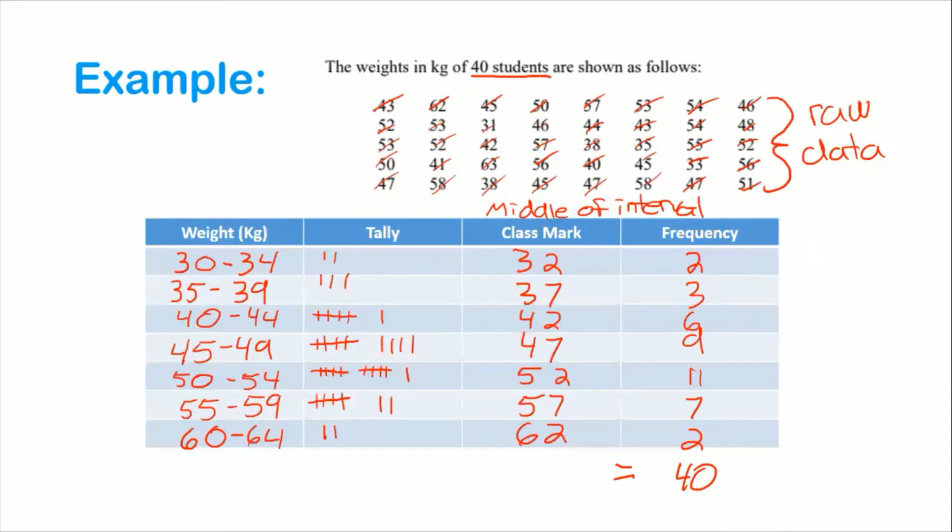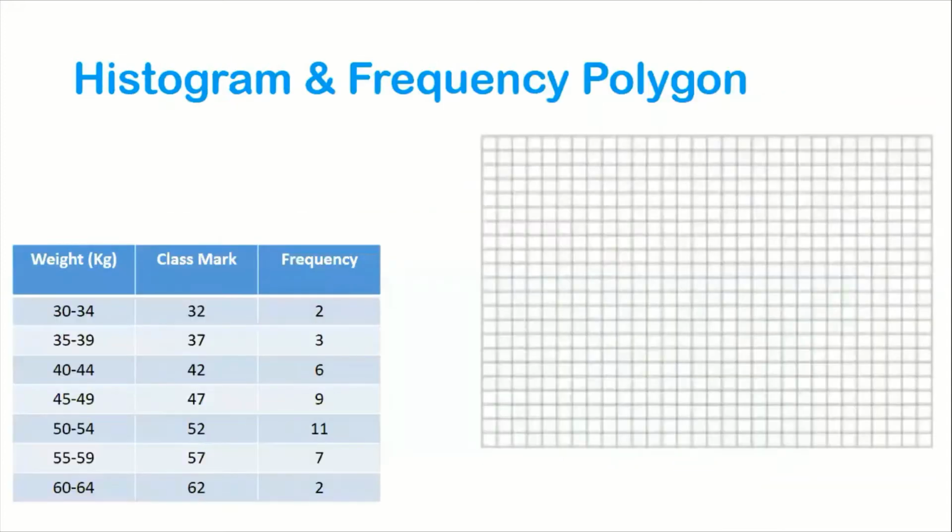So next, we're going to want to try to graph. And in graphing, we're going to create a histogram. Now, a histogram on your y-axis is going to be your frequency. And your x-axis, in this case, is going to be our weight, and our weight is in kilograms.